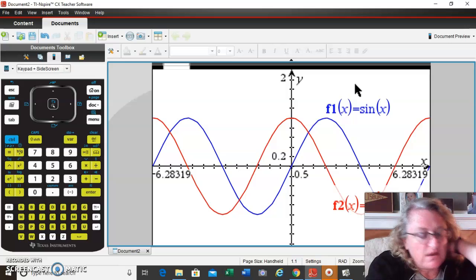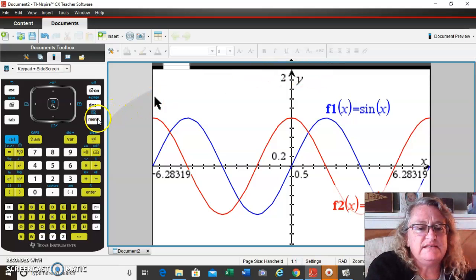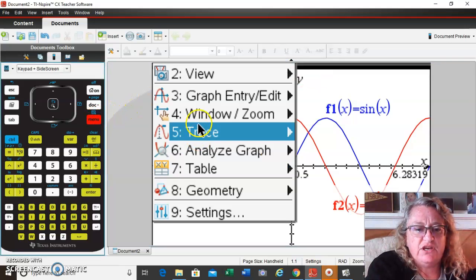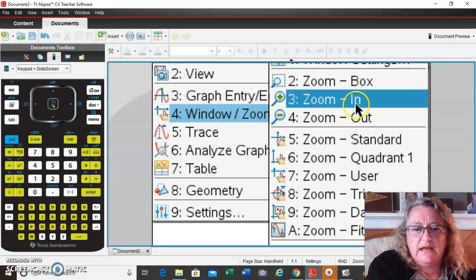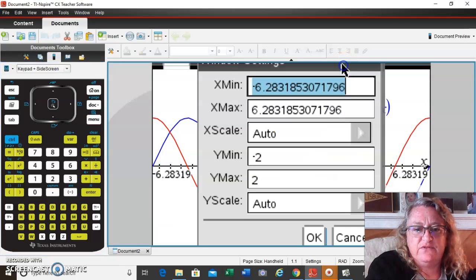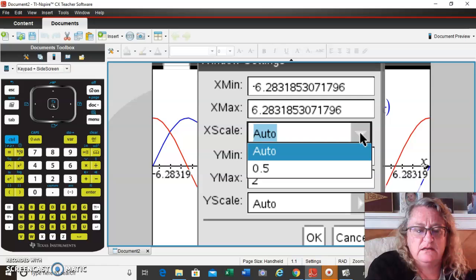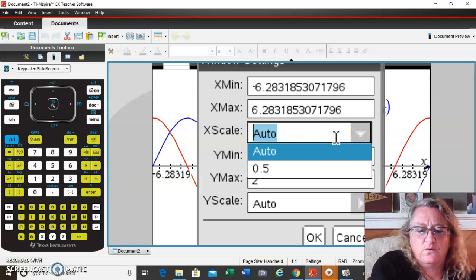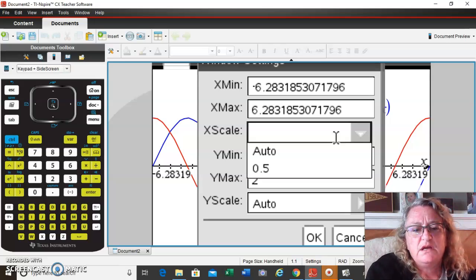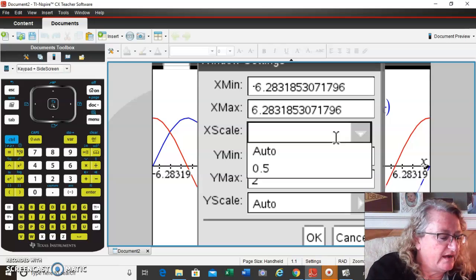I think what would help me actually see it is if I changed my window a little bit and I actually looked at, instead of looking, it's got me jumping up by an auto X scale. Let's change that. I wonder if I can just change it to whatever I want. Let's go up by pi over 4.